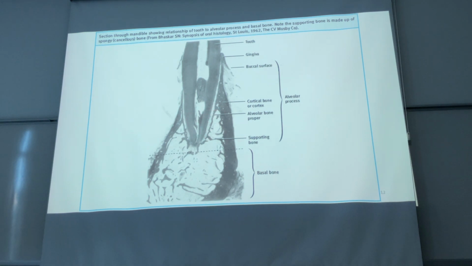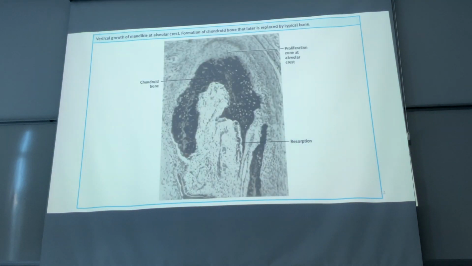You can see this alveolar bone, and you can see spongy bones on the inner side. Here is our gingiva and here is our tooth.